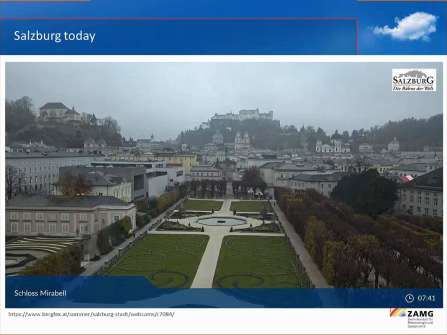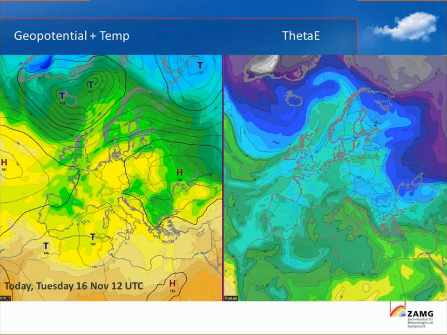Sorry for this joke. Now I want to conclude with a very short outlook of the weather, and maybe we can find out together when we have the chance to get rid of this very persistent fog. This is from today. We have the geopotential and the equivalent potential temperature to the right side.